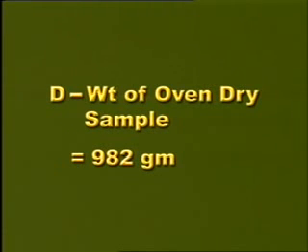where D is the weight of oven dry sample of aggregate, which is 982 grams in this case. C is the weight of saturated surface dry sample, which is 990 grams.